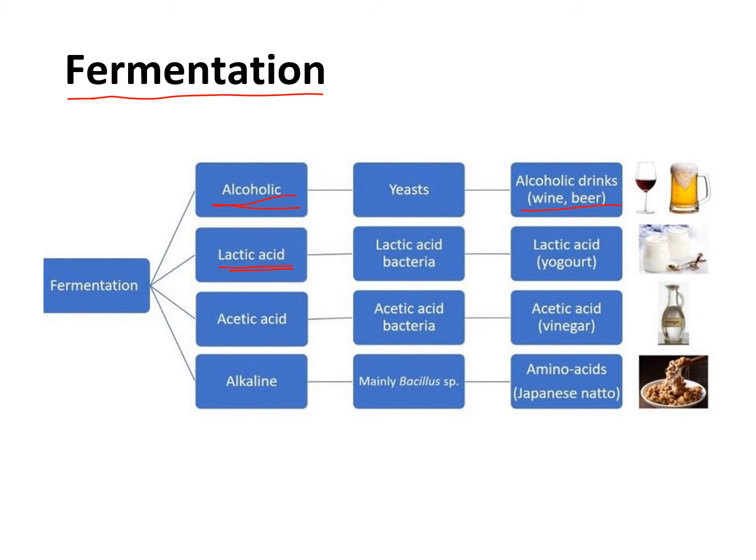Lactic acid fermentation, produced by various types of bacteria, produces yogurt and cheese. Acetic acid fermentation is what is used to produce vinegar. And alkaline fermentation can produce some types of food like Japanese natto, which is fermented soybeans.